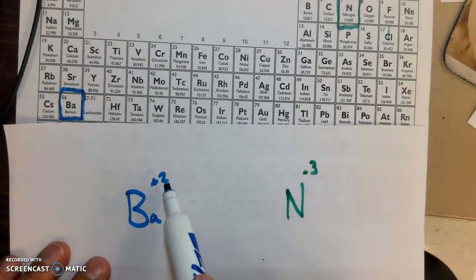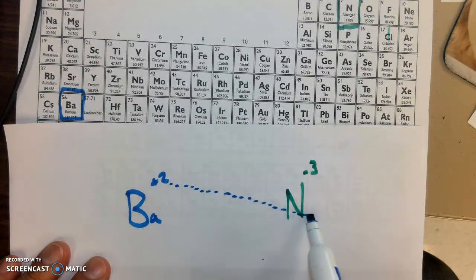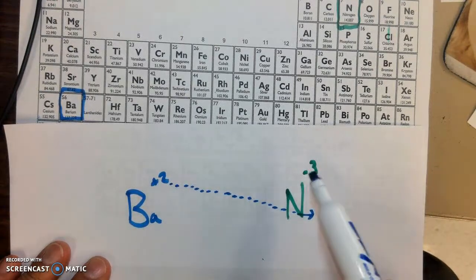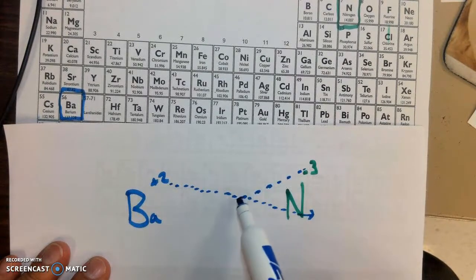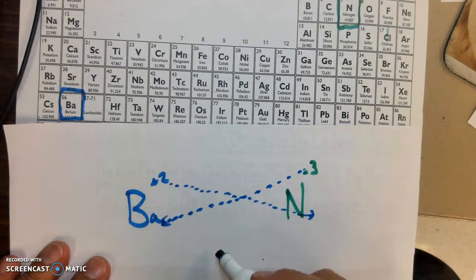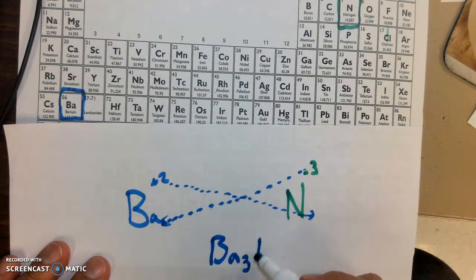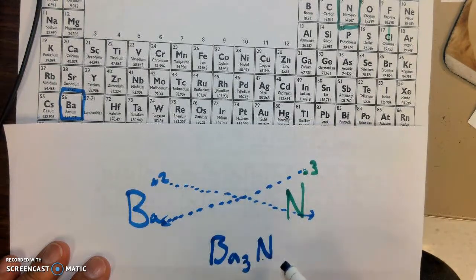All right, you ready? So the 3 is going to drop down here as a subscript. The 2 is going to drop down here as a subscript. And you get barium nitride.